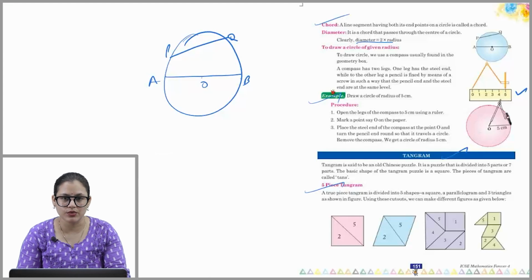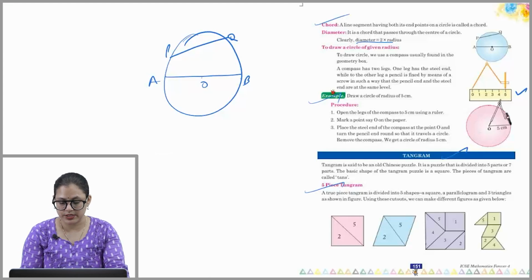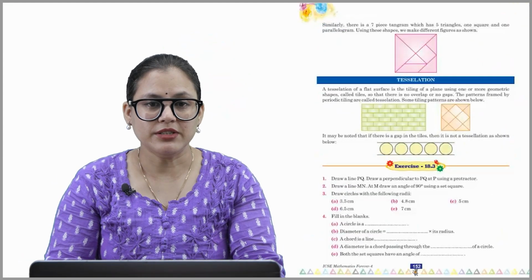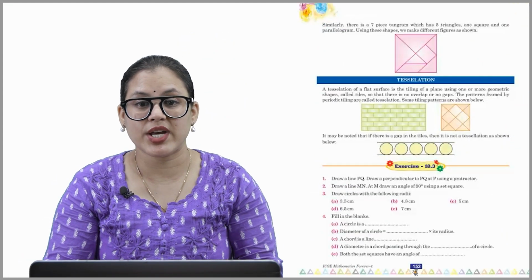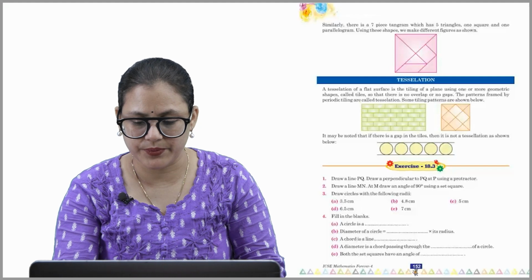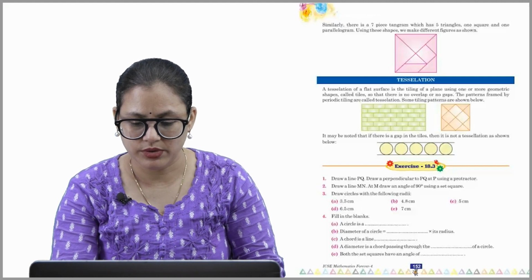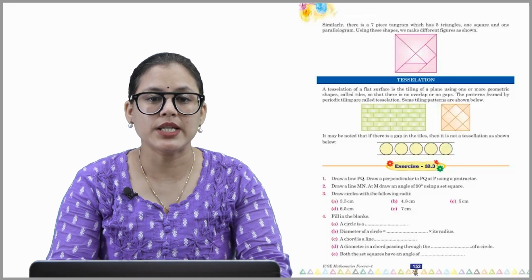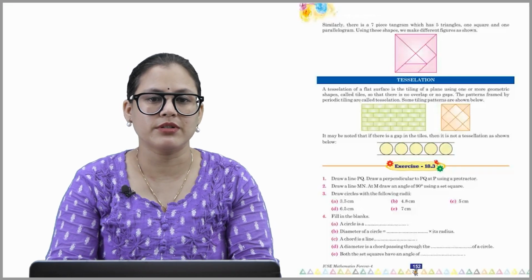Using these cutouts, we can make different figures as given below. See these figures. Similarly, there is a 7-piece tangram which has 5 triangles, 1, 2, 3, 4, 5, and 1 parallelogram. Using these shapes, we can make different figures as shown.